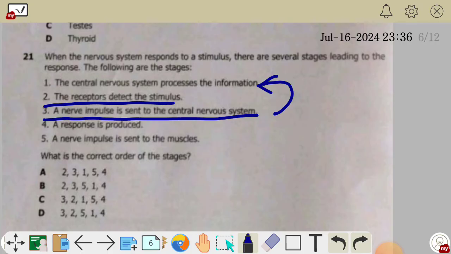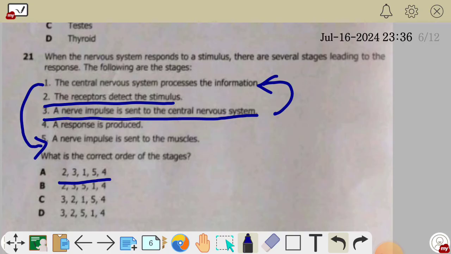After processing, it will send a response. So the nerve impulse will be sent to the muscle, which is 5, and now the muscle will produce a response. So the first one is 2, followed by 3, after that followed by 1. So the sequence is 2, 3, 1, 5, and 4.